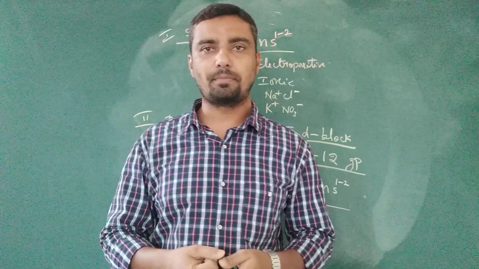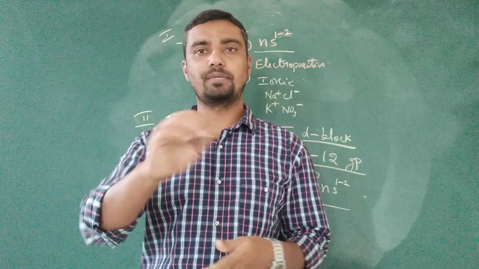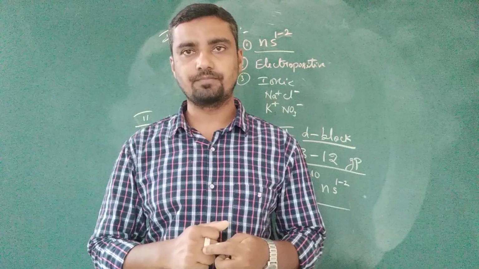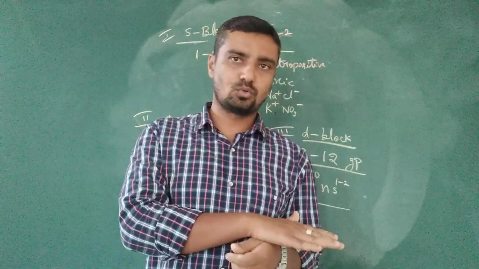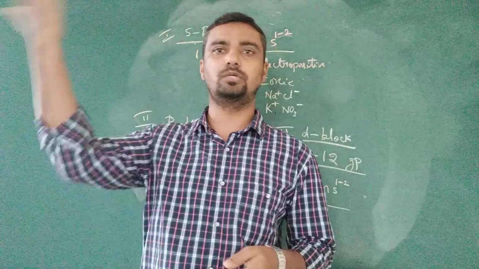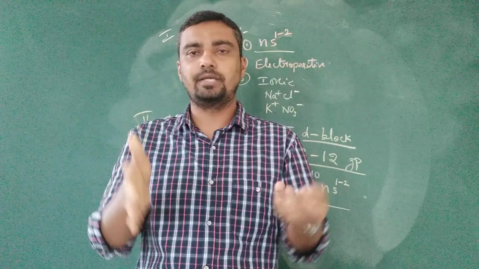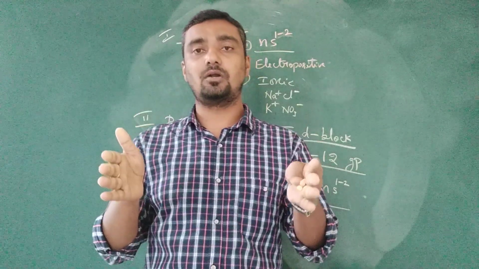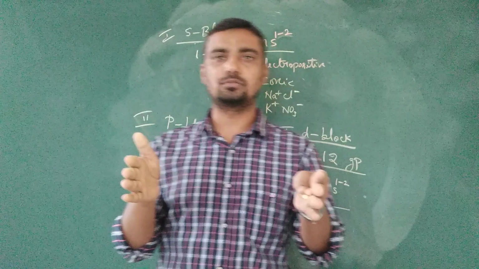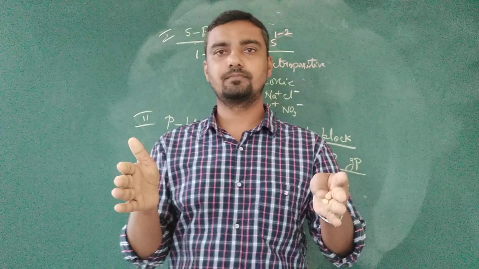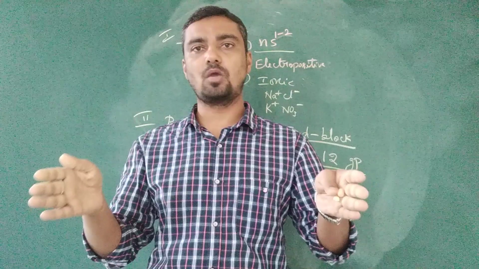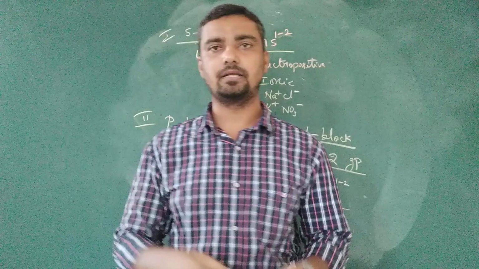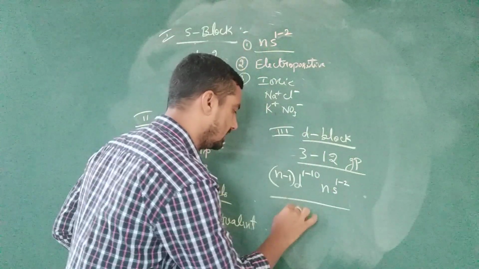For example, you people are in PU, which is called intermediate because it neither belongs to high school nor to degree. They are intermediate, like that only. So the D block is also called transition or intermediate elements, because they are placed between the s orbital and p orbitals.